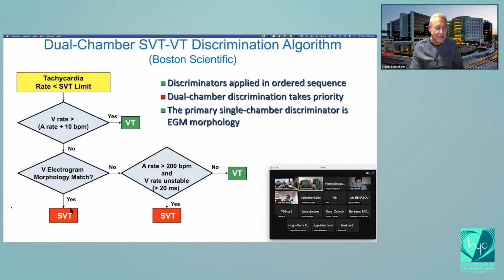And the way Boston set up its nominal features for electrogram match is so strict that they added this in. If they had actually set their nominal feature the way those of your faculty at Bordeaux had determined was optimal, they might not actually need this feature, but we're not gonna go there today.